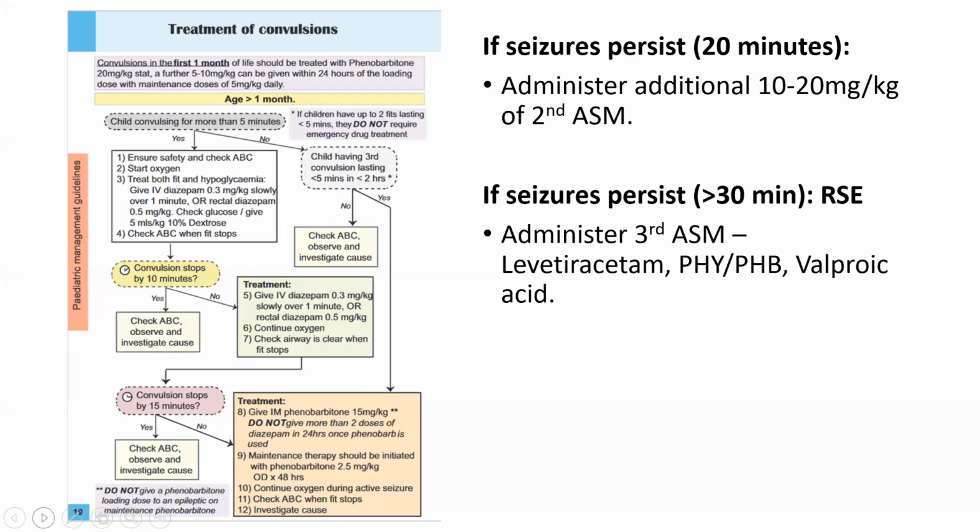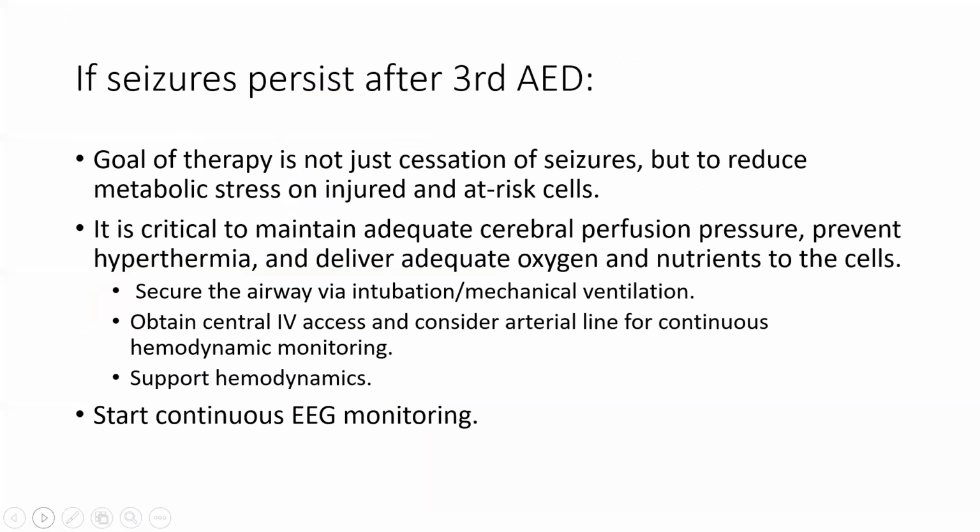So basically, if the seizure persists after the third anti-seizure medication, the goal of therapy ceases to be about stopping the current seizure, but to reduce the metabolic stress on the injured and at-risk neuronal cells.